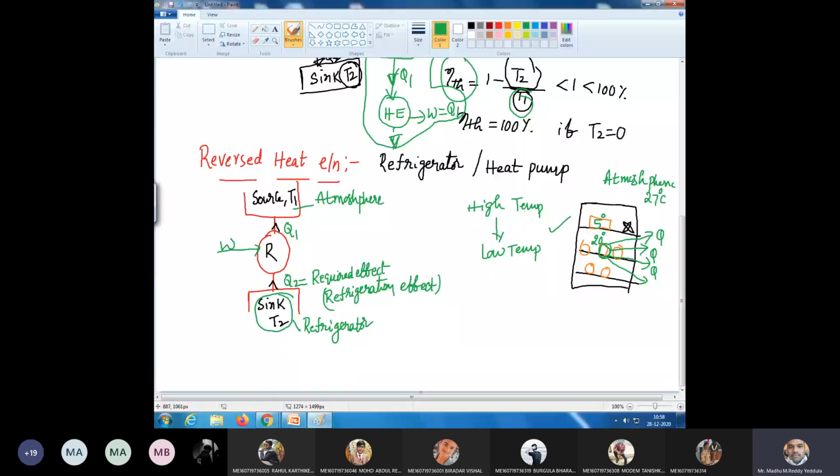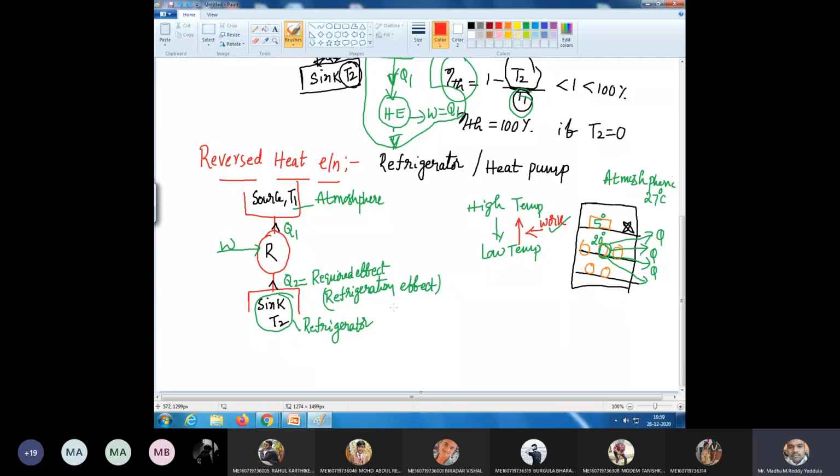This is a spontaneous process, possible without any external aid or work. But if you want to do it in the reverse manner, supplying heat from lower temperature to high temperature, you have to supply some work. That is the reason W is the work done on the refrigerator in order to extract the heat from the body under lower temperature and supply it to the high temperature.